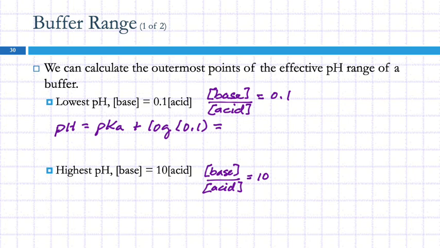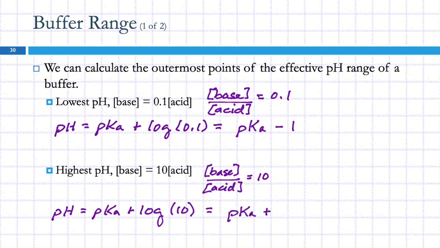So this gives us a result of pKa minus 1, because the log of 0.1 is negative 1. And down here, pH equals pKa plus the log of the base over the acid, which is 10. The log of 10 is 1. And so this will be pKa plus 1.